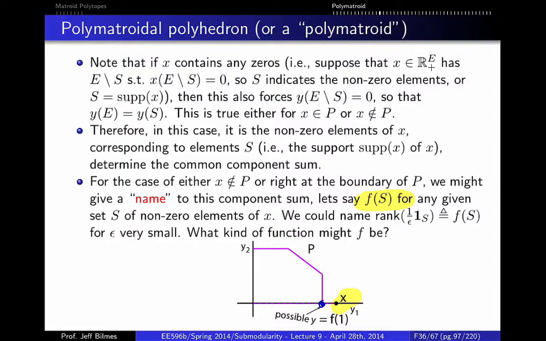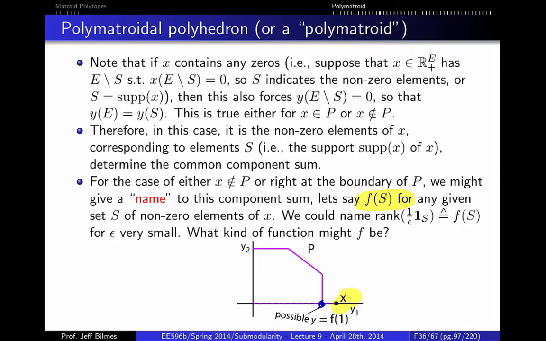In this particular picture, we're saying it's 1 over epsilon times 1 over S, where epsilon is small enough such that you're significantly far outside of the actual polytope. So the thing that is actually defining the p-basis is not x. It's not the subvectorness of x that's defining the p-basis. Rather, it's the polytope itself that's defining the p-basis.